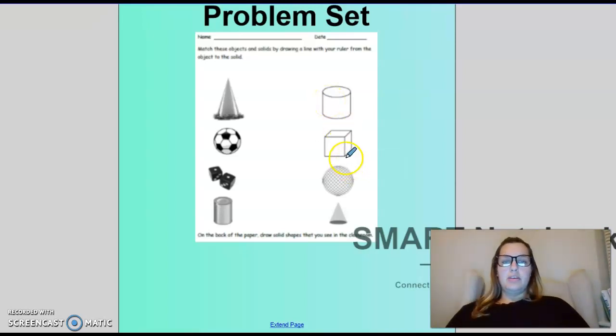No. Does it match this shape? No. What about this shape? No. What about this shape? Yes. The party hat is a cone. So I'm going to draw a line.